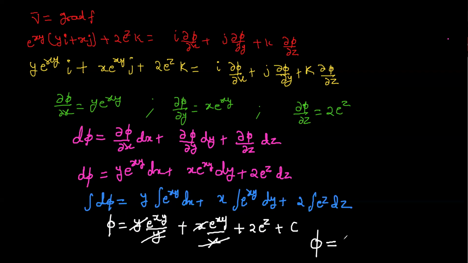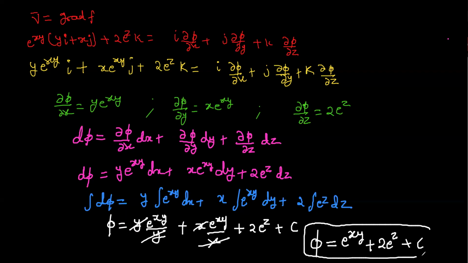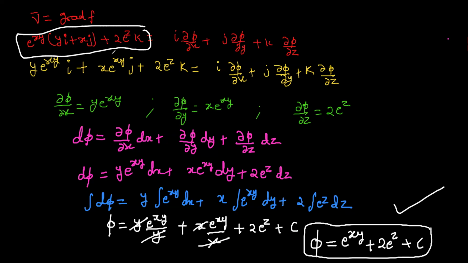I already told you, if two or three things are repeated, write them in only one variable. e^(xy) is repeated two times. Yes. This is your final answer. Now, when you find the gradient of this, you will get the same thing. So this is the scalar function and this is the vector function. Understood? Yes.